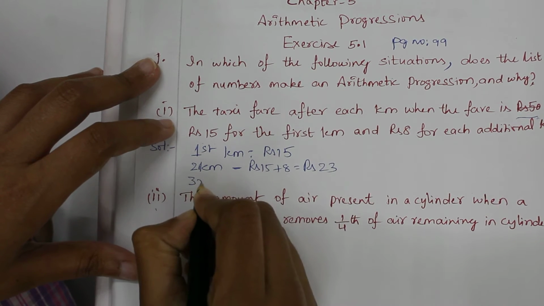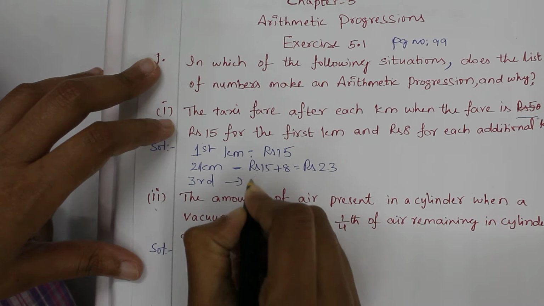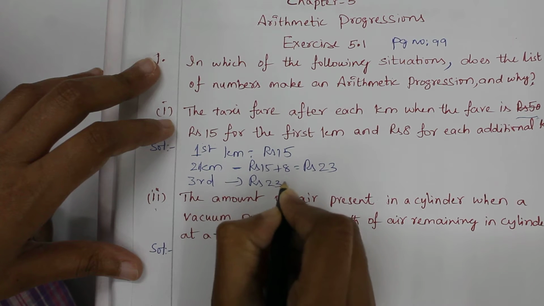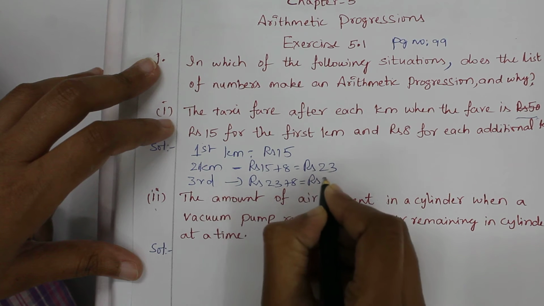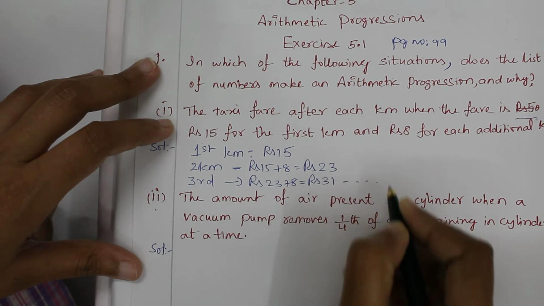And for the third kilometer it again increases by rupees 8, rupees 23 plus 8, rupees 31, and it goes on.